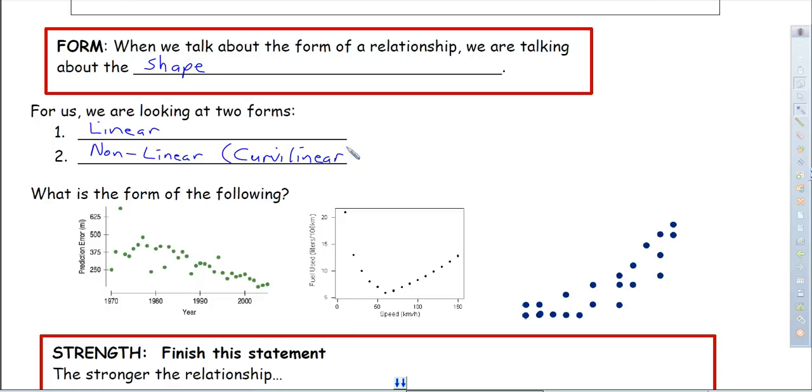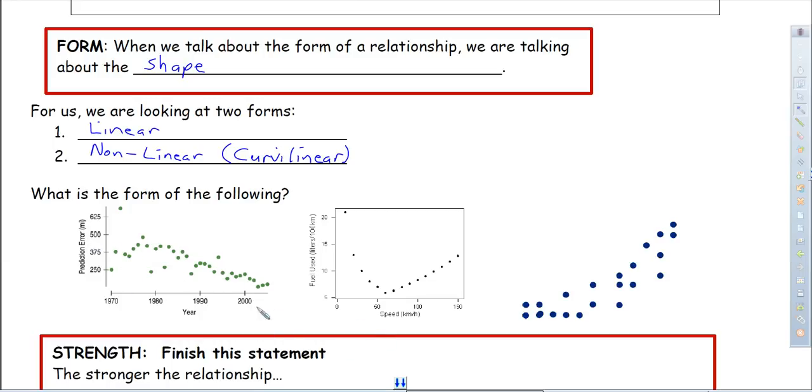So we'll have linear and curved, right? And sometimes it might not be either, and it might just be a jumble and not have any kind of form to it.